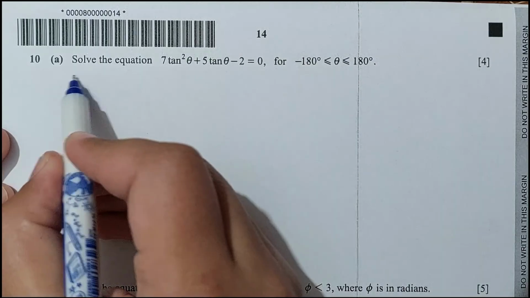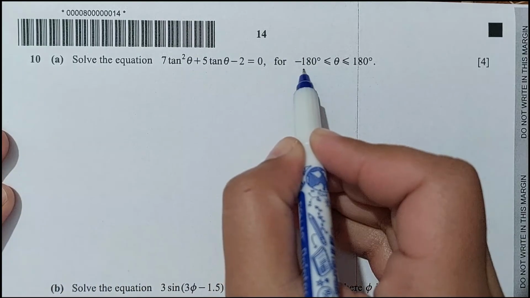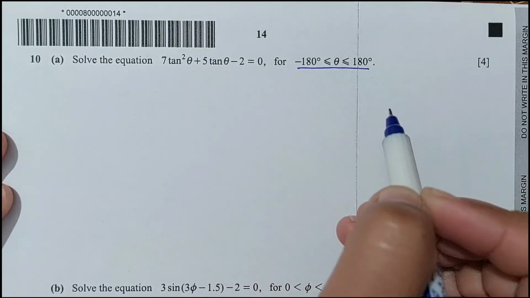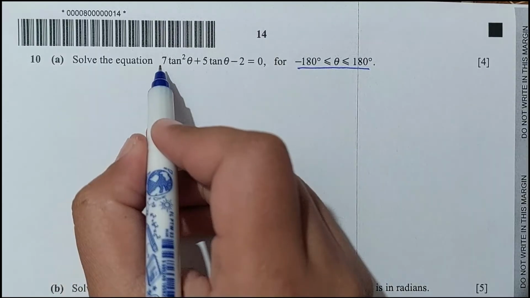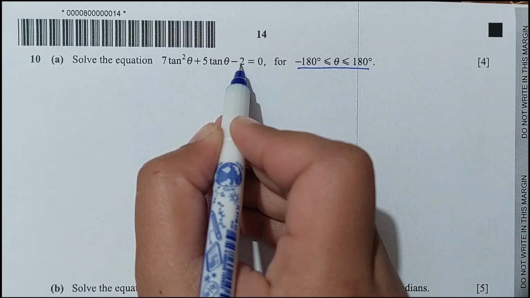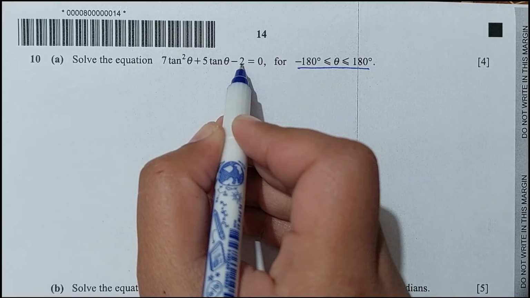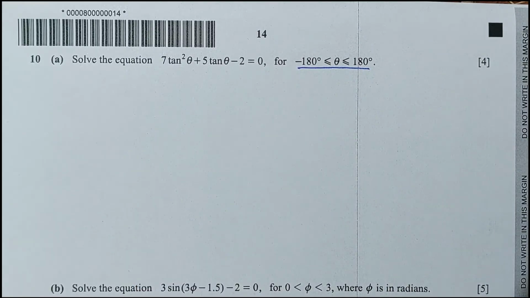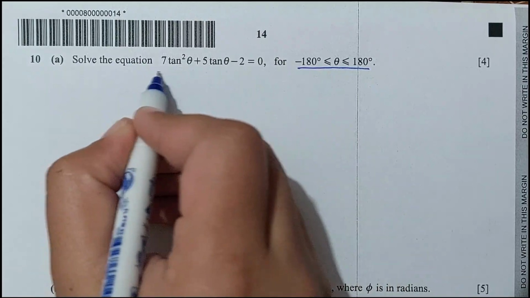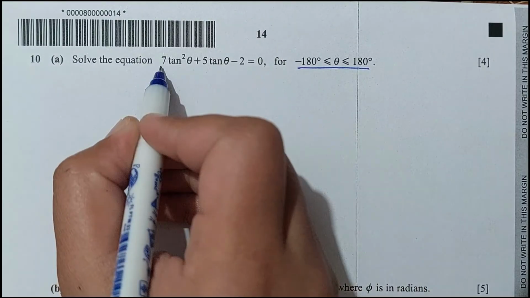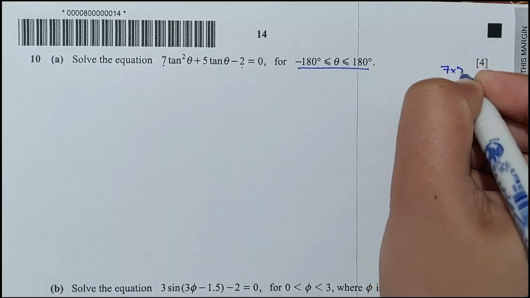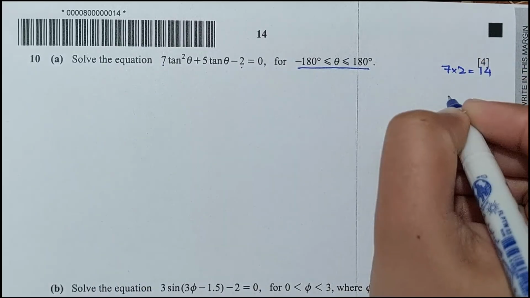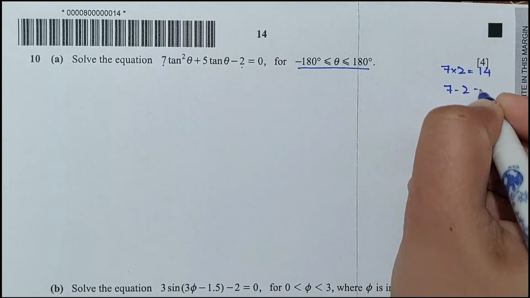Question number 10 part A, solve the equation for theta between minus 180 and plus 180. Alright, so 7 times 2 is 14. If we factorize this, it looks like a quadratic in tan theta. 7 times 2 is 14, and 7 minus 2 would be 5.